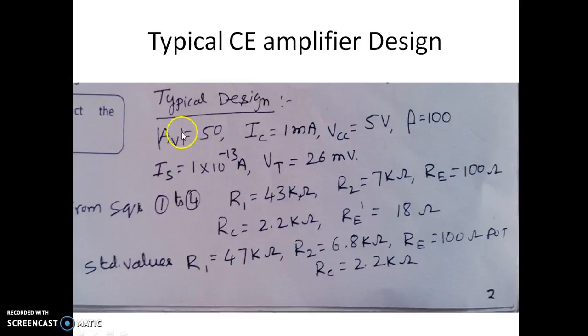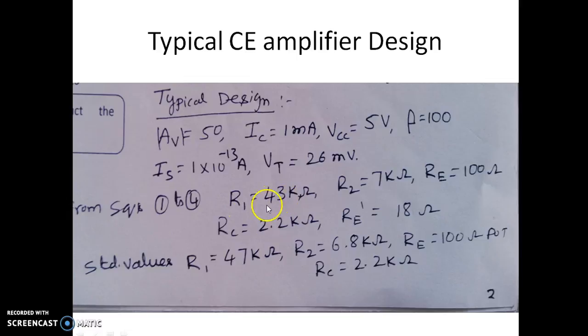In a typical design, we have assumed the magnitude of AV to be 50, with an assumption of collector current as 1 milliampere, VCC as 5 volt, beta as 100, IS, the reverse saturation current, as 10 power minus 13 ampere, and the thermal voltage VT equal to 26 millivolt. Using the design equations 1 to 4, we obtain the values of all resistors.